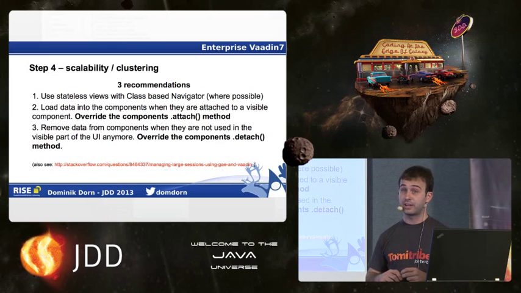So if you use the navigator, make sure that you use the class-based approach and not the object-based approach, because this will make sure that the view is correctly discarded after another view is loaded and not staying in the session.